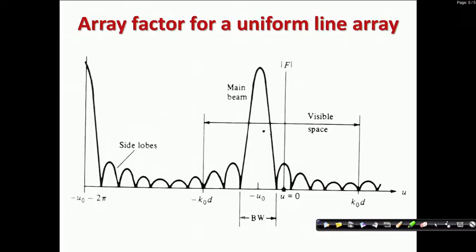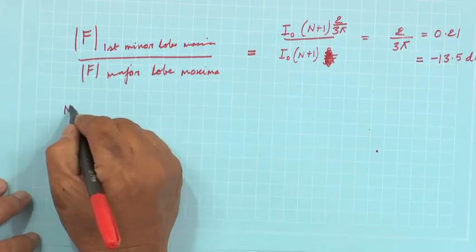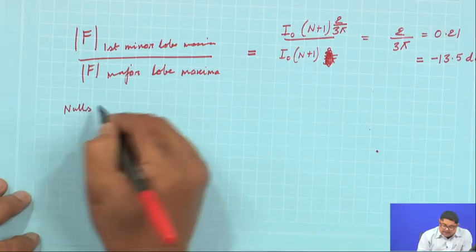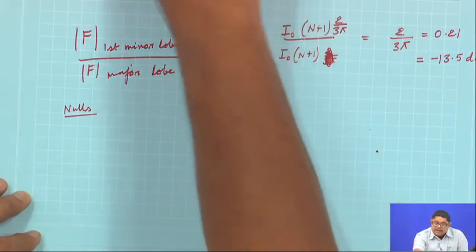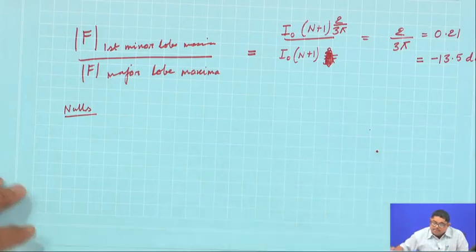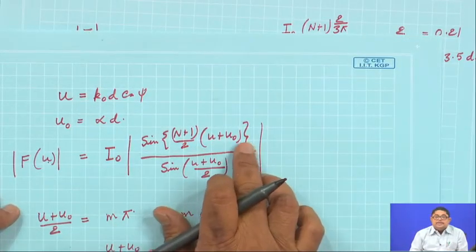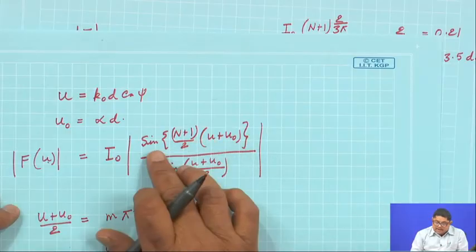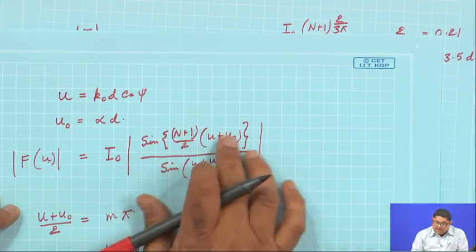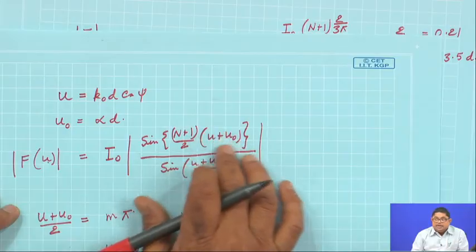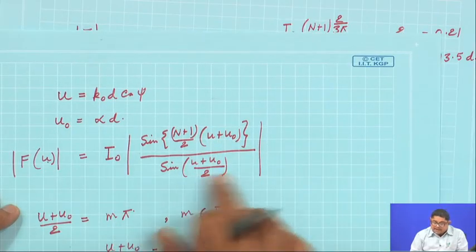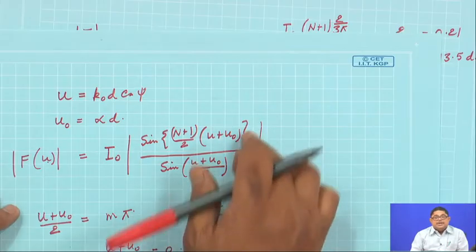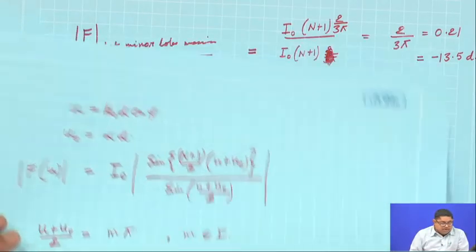Where are the nulls? Nulls are easy to find, because if you see the actual function, this whole thing is a multiple of pi, but it won't be an even multiple of pi, so the 0 by 0 case will never come.